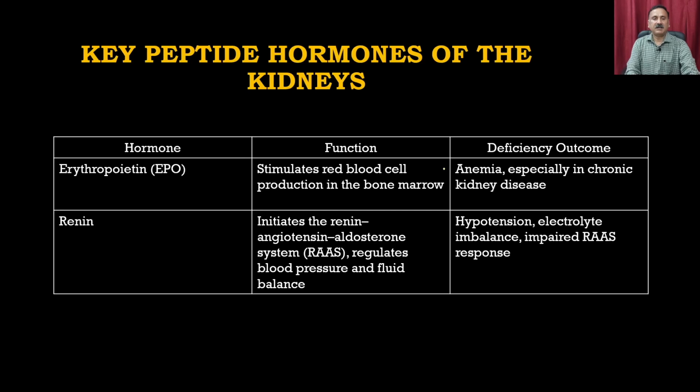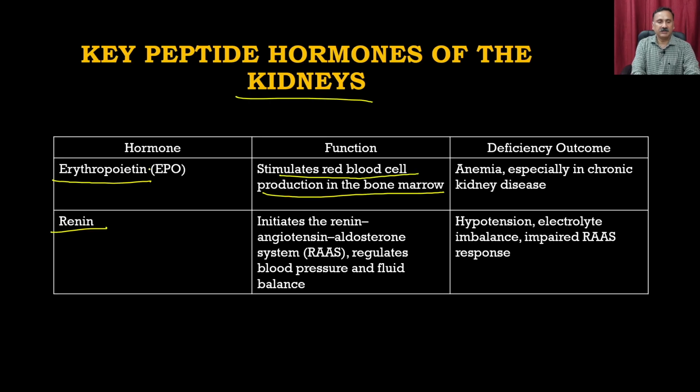Then we have the peptide hormones from the kidney. So it is going to be erythropoietin and renin. Erythropoietin stimulates red cell production in the bone marrow, and if there is a reduction of erythropoietin, then it is going to cause anemia, especially in chronic kidney disease.